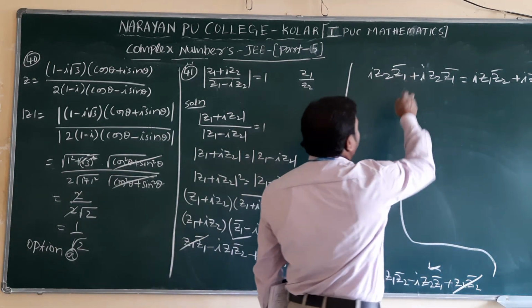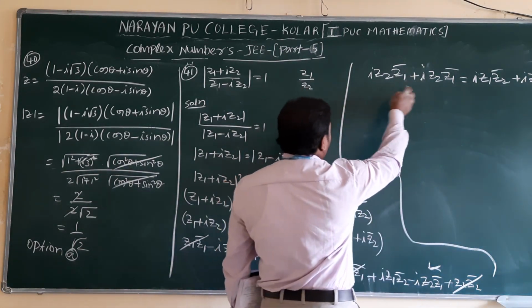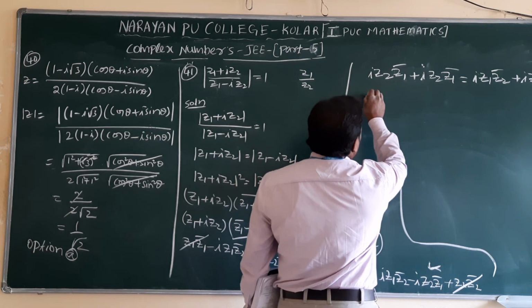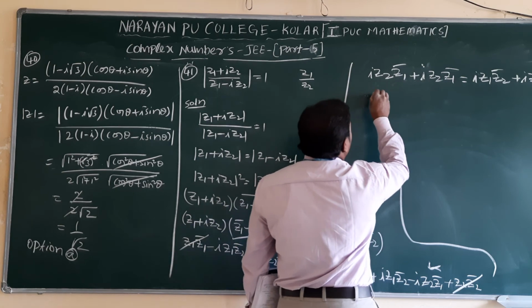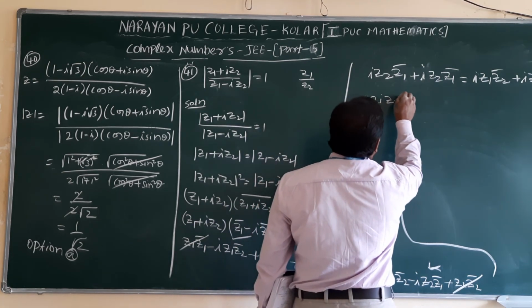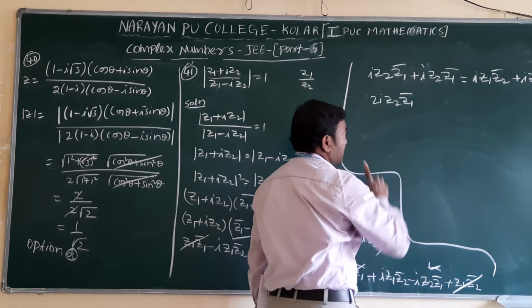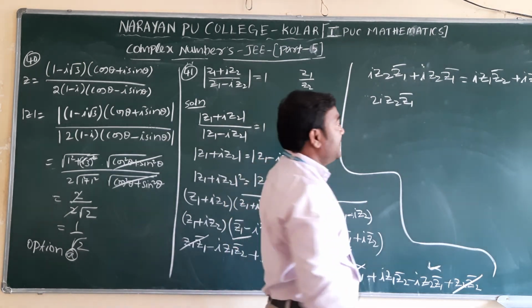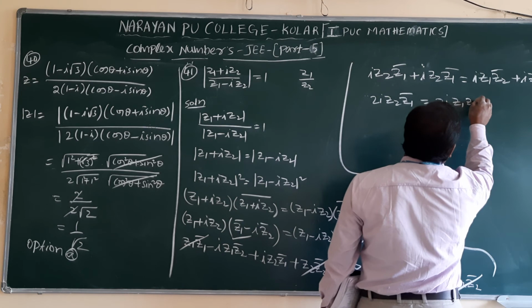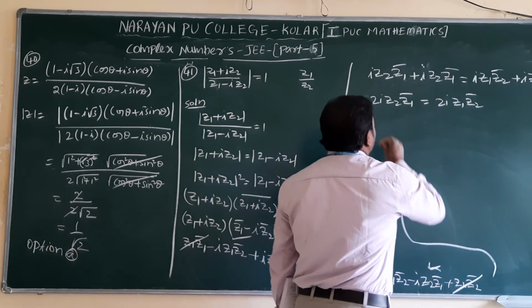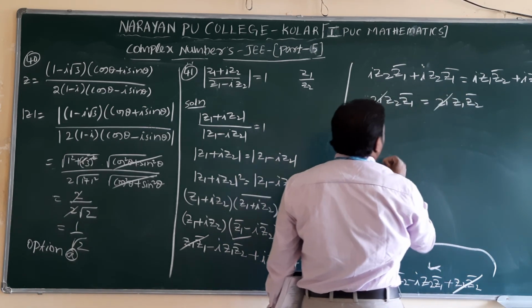Now what do we have to take common here? So here 2i z2 into z1 bar, both terms are same, we can add them. Here also 2i into z1 into z2 bar. Now here 2i gets cancelled.